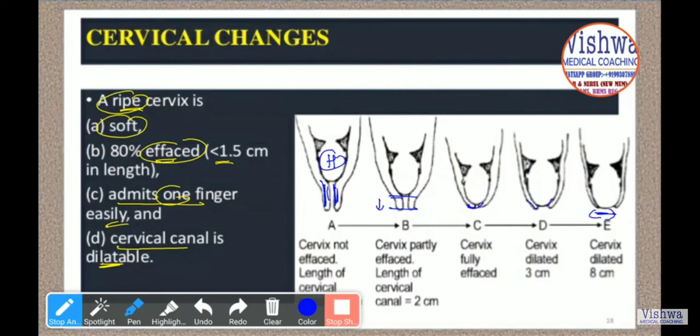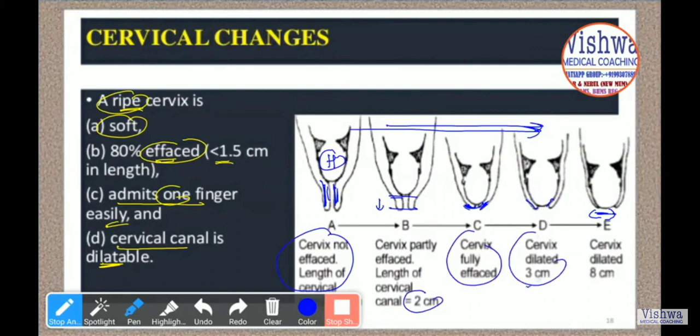As labor progresses, these changes increase. For example, the cervix is not effaced, then 2 centimeters fully effaced, meaning fully thin, about 3 centimeters dilated, and about 8 centimeters dilated, almost fully dilated.